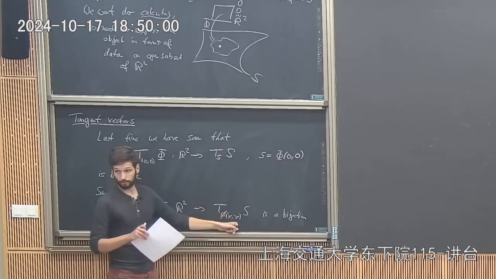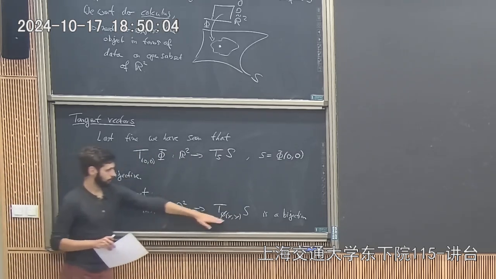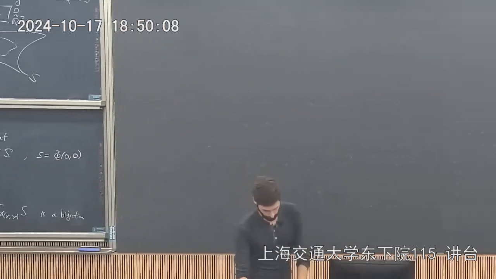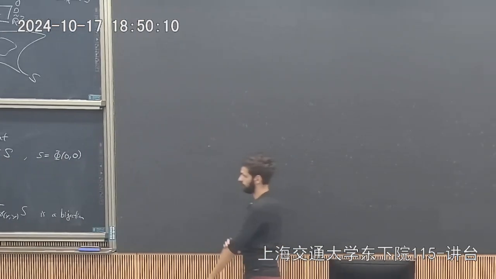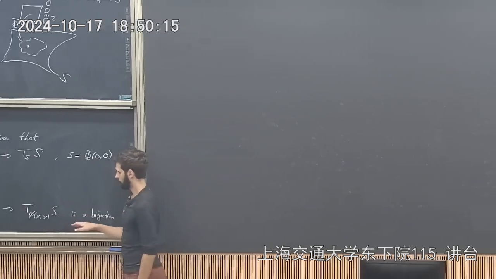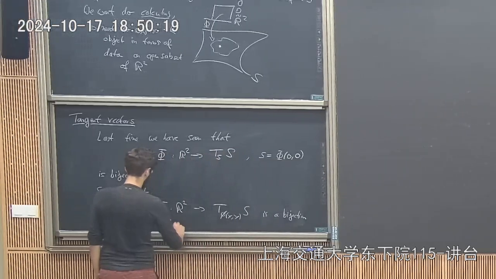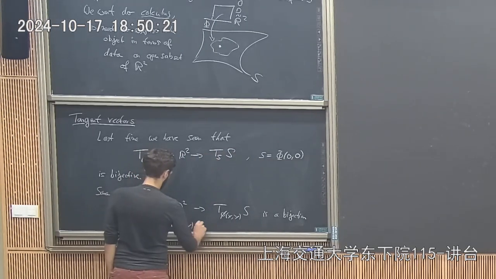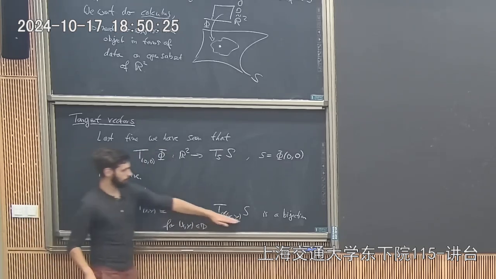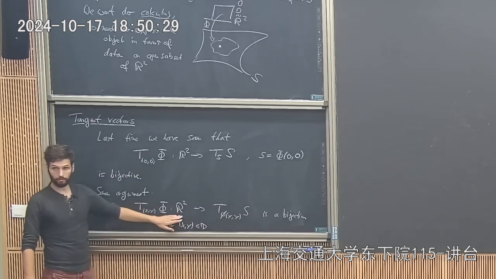But now we do change the point, so we get an arbitrary map from R2 to T phi S. That already looks quite promising, because for every point x and y in the open subset, we get a map that relates things on S, the tangent vectors there, with just normal vectors.